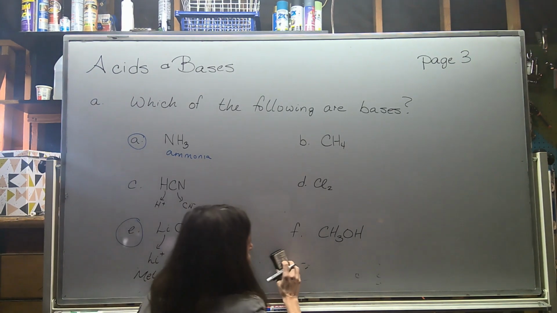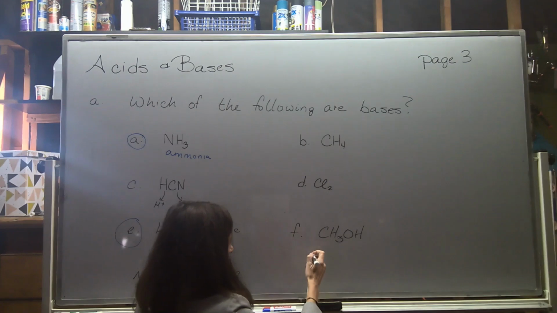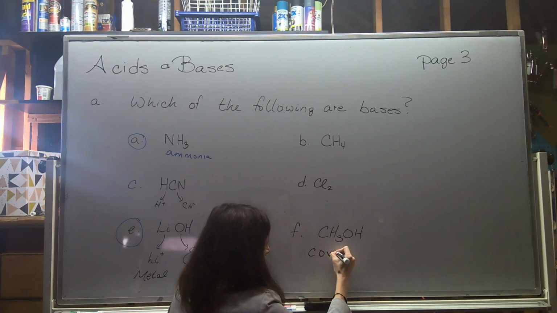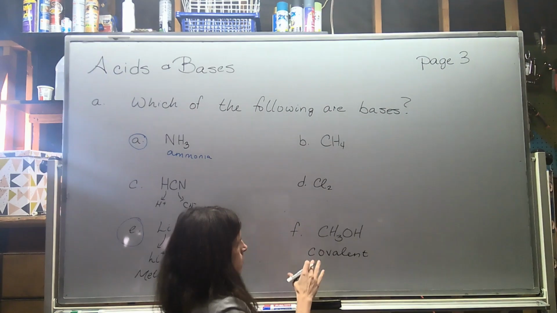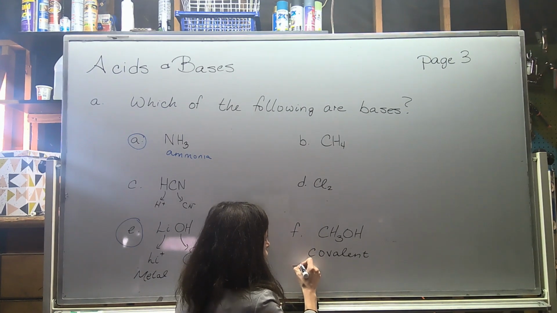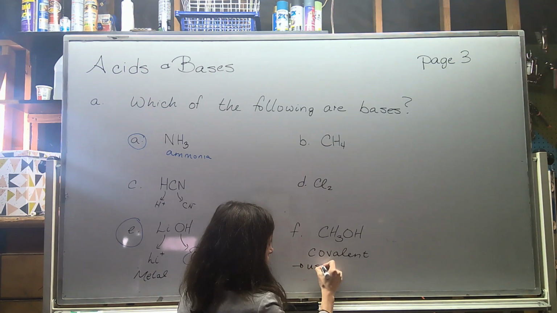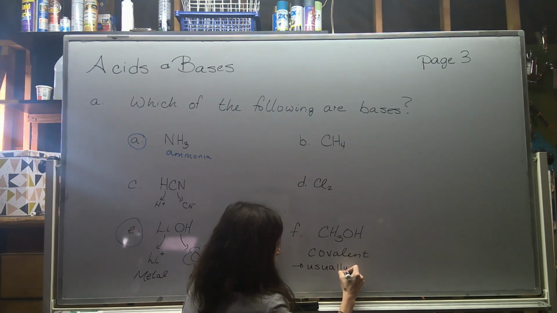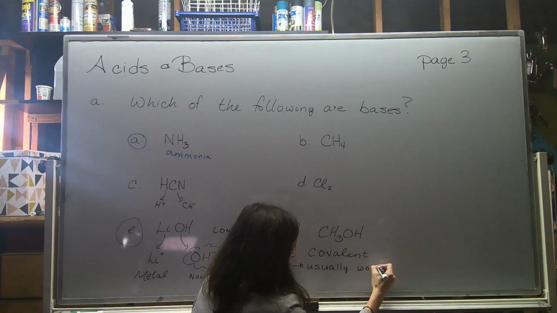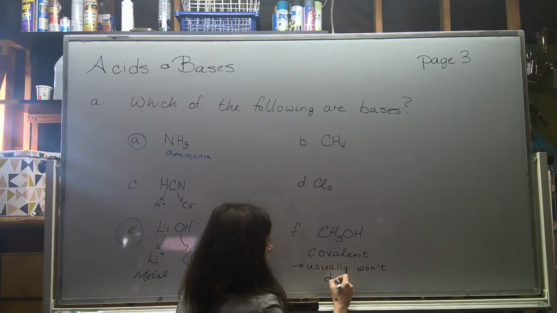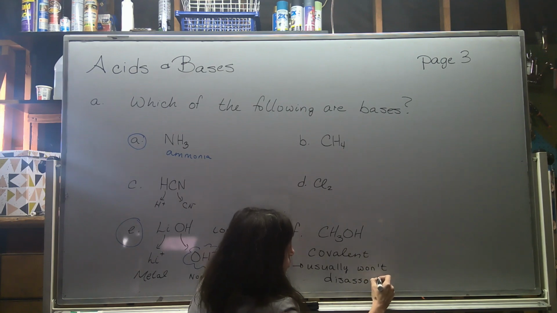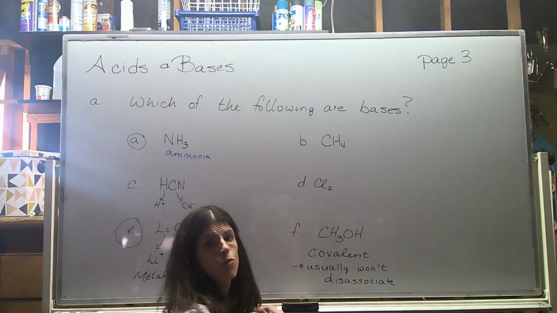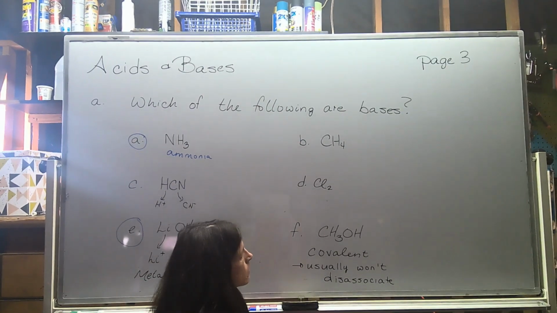When you have a covalent compound, because they're sharing those electrons, it usually doesn't dissociate. There are exceptions, such as strong acids, but as a general rule of thumb, covalent compounds stay whole in water. They don't form ions like our ionic compounds.